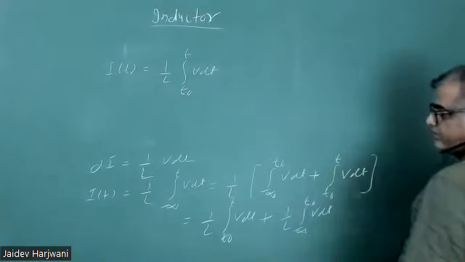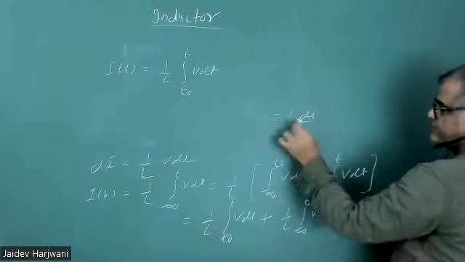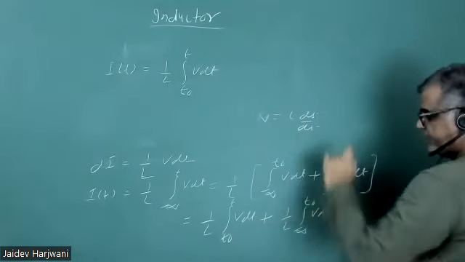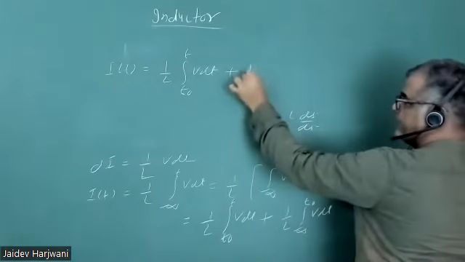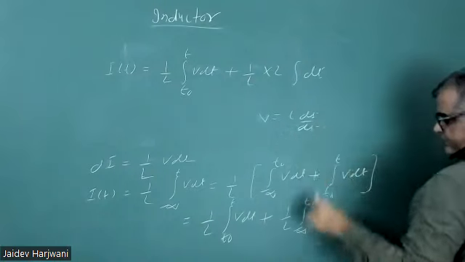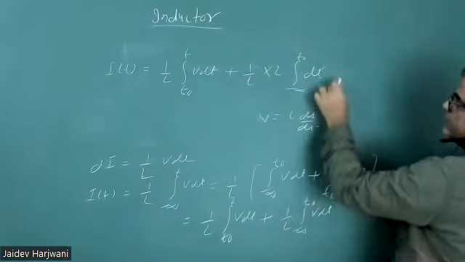Now you have v equals L di by dt, so v dt will be L di. So you put here 1 by L, and you put L di, and di is from minus infinity to t0.